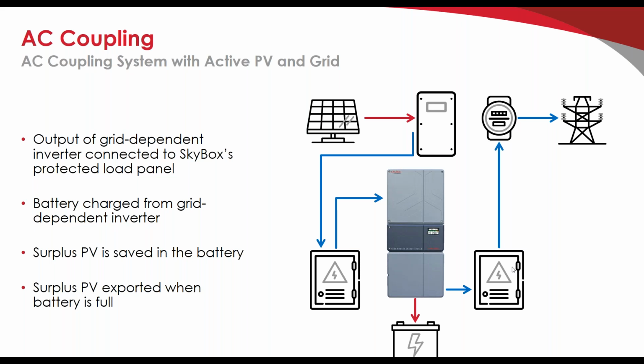Steve asks if you can connect multiple grid-dependent inverters to your SkyBox or your Radian. Let's talk Radian first, because the example that you use, Steve, looks like it's two Sunny Boy 7.7s, for example.